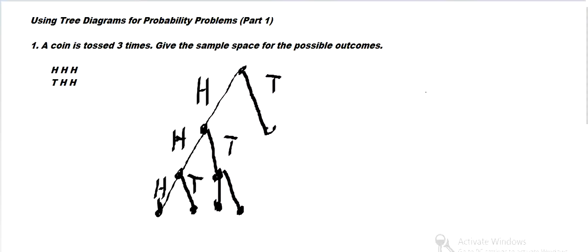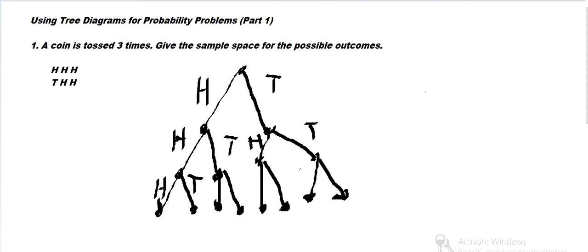At the very beginning, if we get tails, we can get heads or tails after that, and then again after that we can get heads or tails once again. And that's all the possibilities.